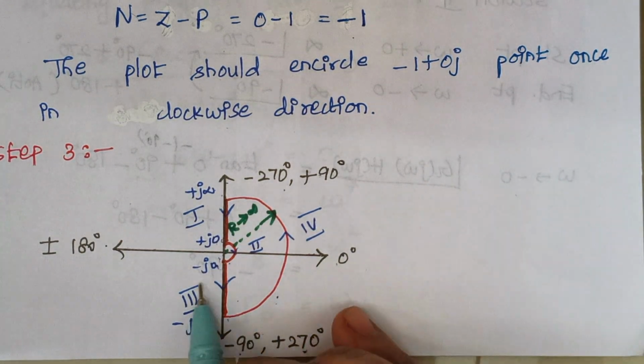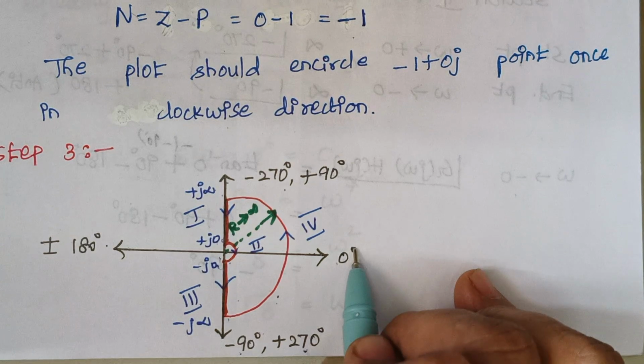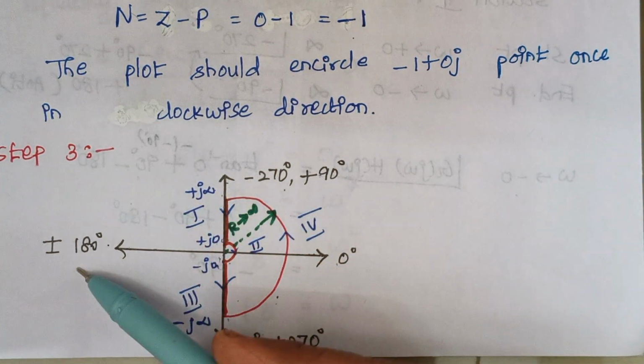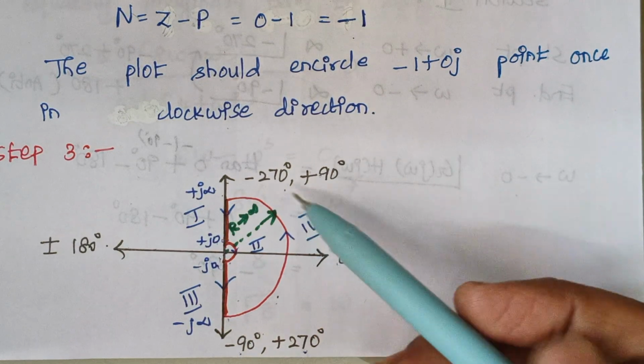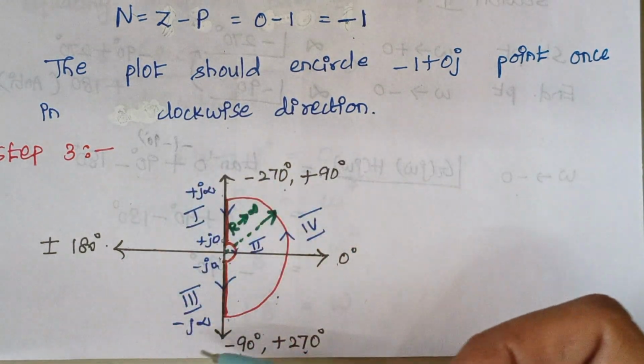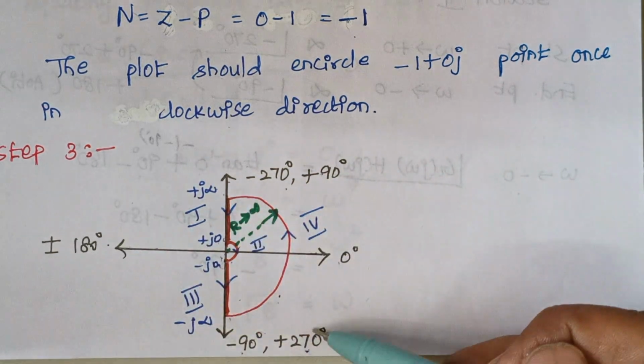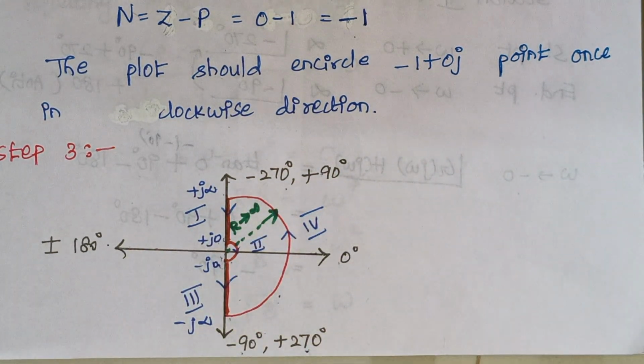On the right hand side it is 0 degrees. When you move clockwise, the angles are negative: minus 90, minus 180 and minus 270. When you move anti-clockwise, the angles are positive: plus 90, plus 180 and plus 270 degrees.